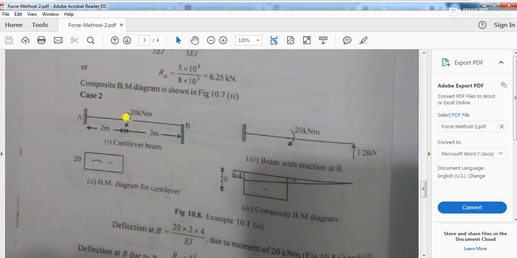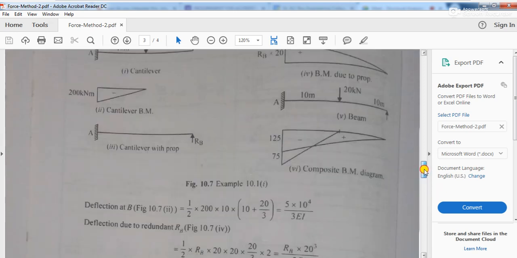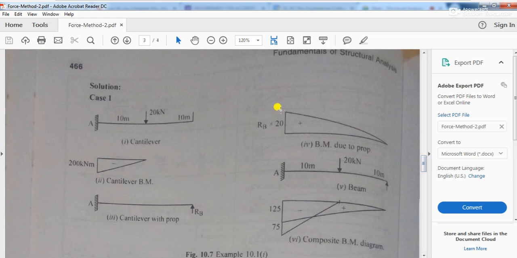So what you will have to do? You remove this 20 kilonewton meter load from the structure. You have this cantilever and you just apply the redundant force, that is the reaction at B at this point. So if you apply reaction at B at this point, which kind of moment diagram you will be getting? See, it is exactly the same you have learnt over here. So you are going to get a moment diagram in a triangular fashion, right?